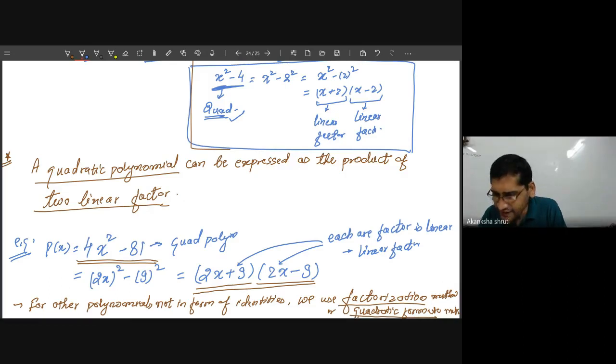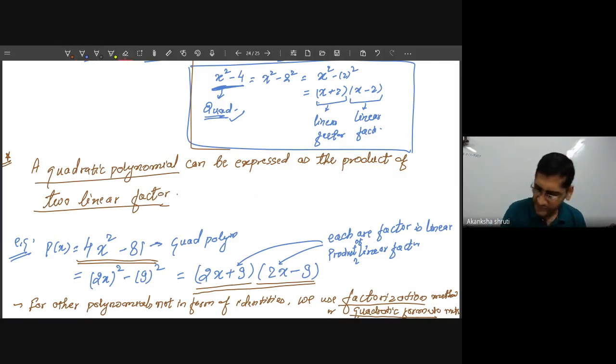Only one factor cannot be equated to the quadratic polynomial. So it is ultimately the product of linear factors. Okay, students?